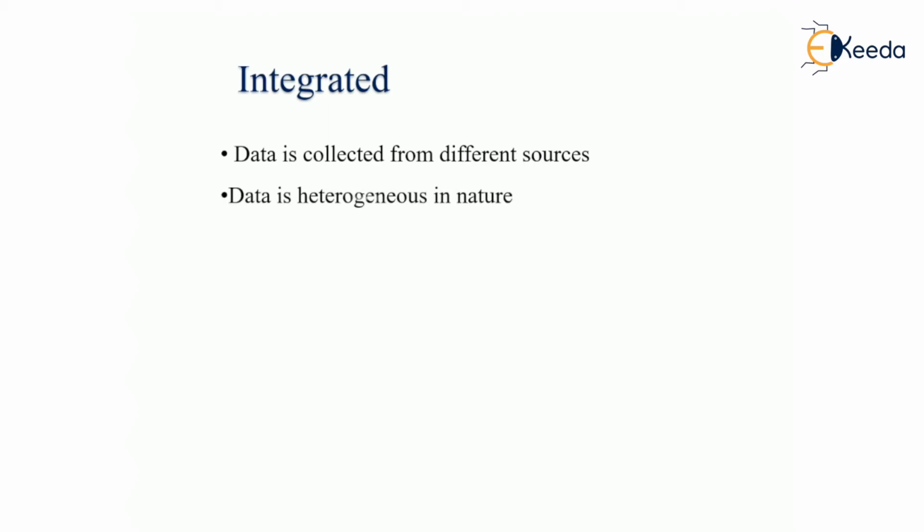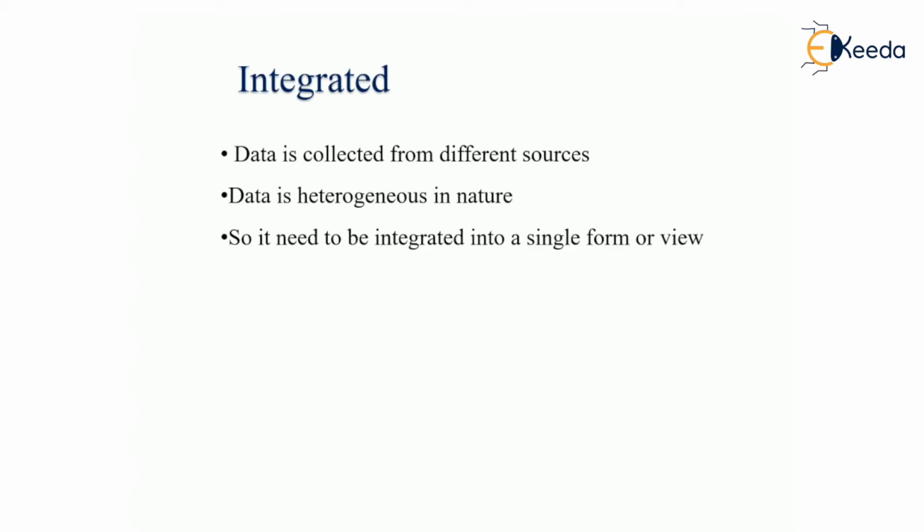The next feature of data warehouse is integrated. As we discussed, the data is collected from different data sources, and the different data sources contain different kinds of data. We call this data heterogeneous.